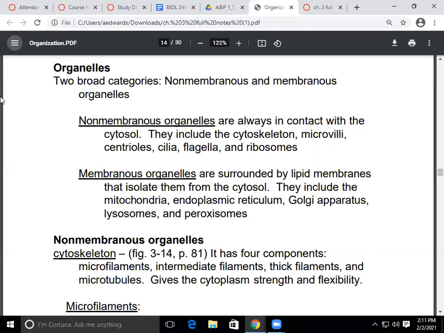Membranous organelles have a membrane composed of lipids that separates them from the cytosol. They include mitochondria, endoplasmic reticulum, Golgi apparatus, lysosomes, and peroxisomes. These all have a membrane.